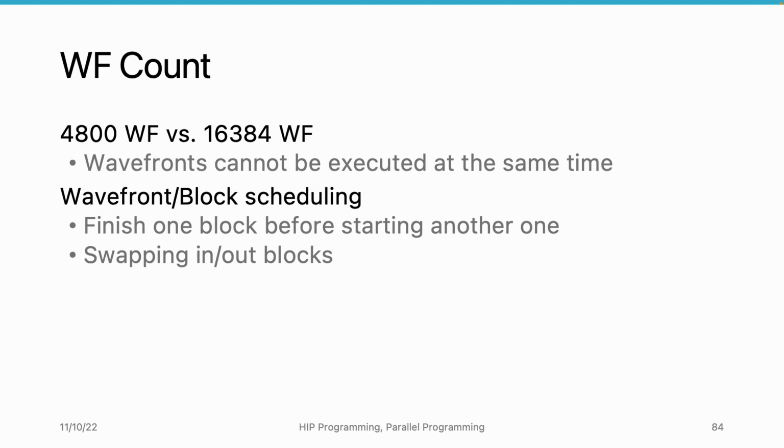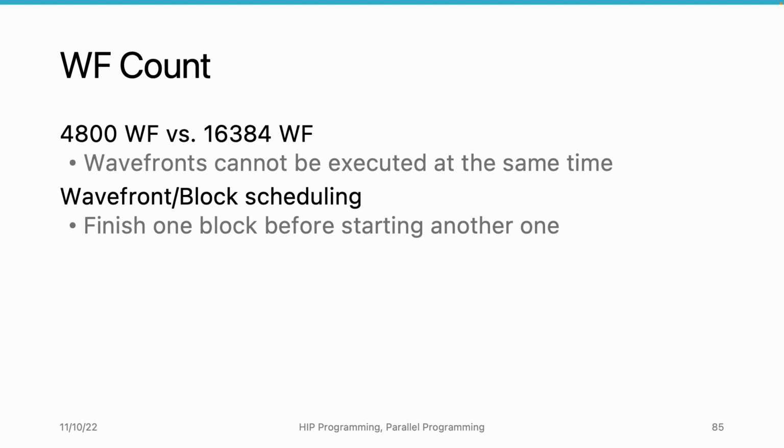But if you consider GPUs, the state of one block actually contains a lot of information. We have a large number of vector registers and scalar registers, and local data share state is also associated with one wavefront or block execution. Swapping blocks in and out is not likely to be practical. So GPUs typically use the mechanism of finishing one block before starting another one.